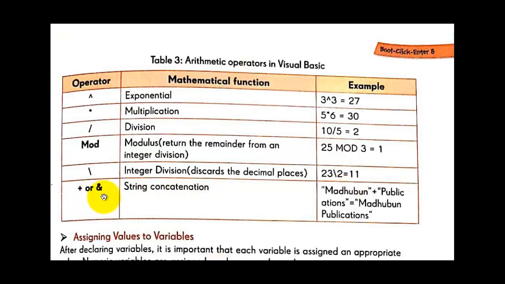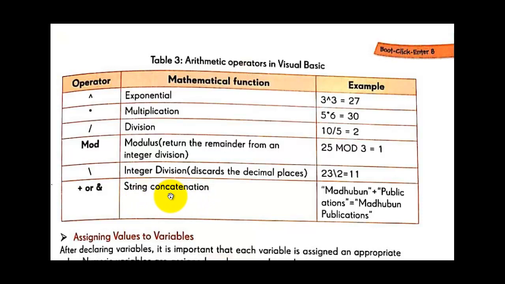Now this symbol is plus, or this symbol is ampersand. String concatenation. Concatenation means to combine, to join two strings. We'll use this plus sign or this ampersand. This symbol is called ampersand in computers.